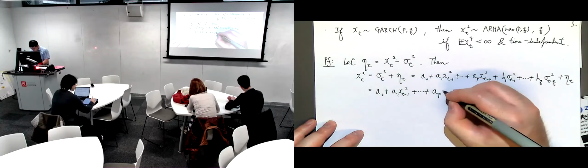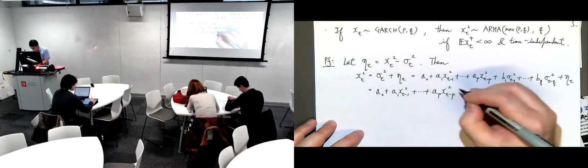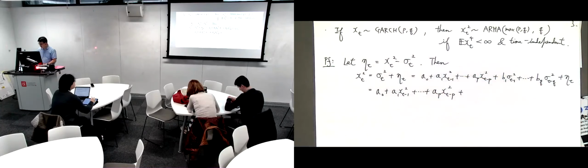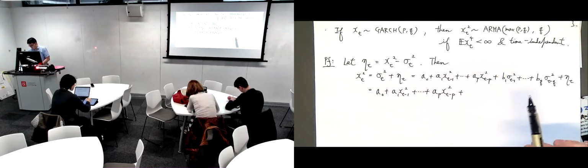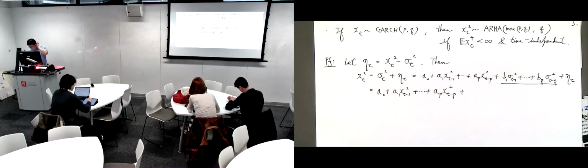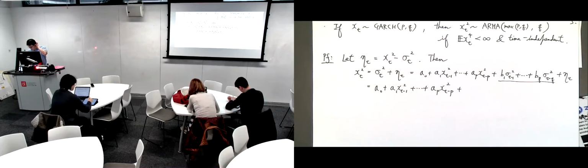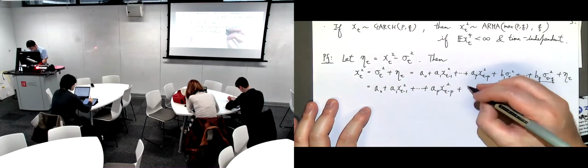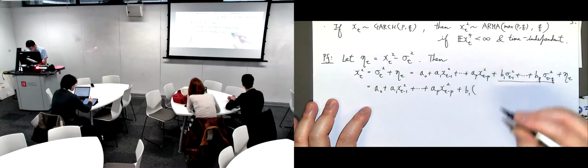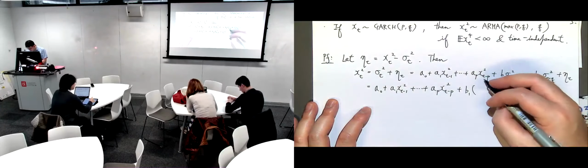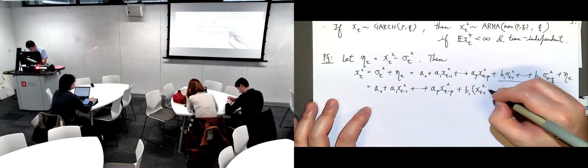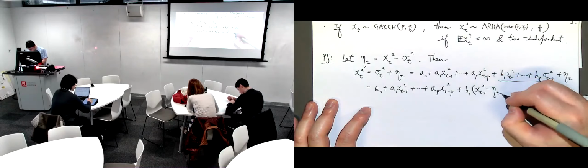So you cannot simplify the x_t squared, but you actually can simplify this part here, because sigma_{t-j} squared is x_{t-j} squared minus eta_{t-j}. So sigma_{t-1} squared is what? x_{t-1} squared minus eta_{t-1}.